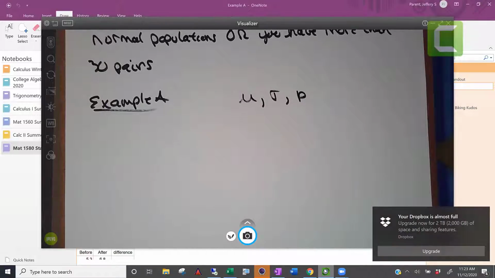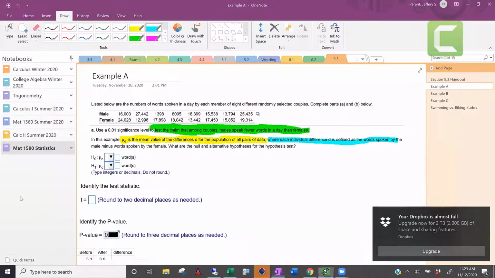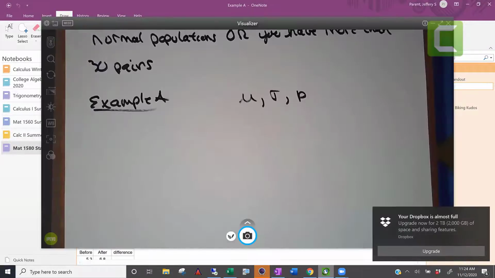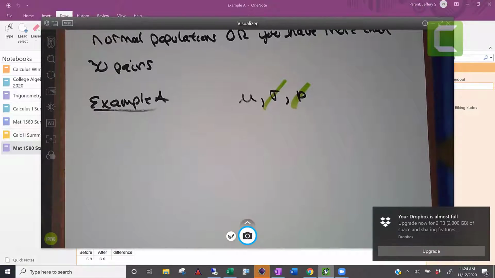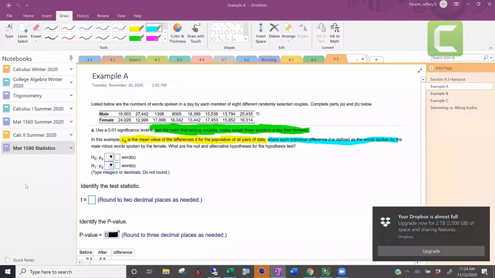Well, we can probably delete p. The number of words spoken doesn't sound like a proportion to me. So it's not a test about population proportion, nor is it a test about a population standard deviation. It's a test about how much they speak, and it's kind of pushing you towards mu, the average number of words spoken.